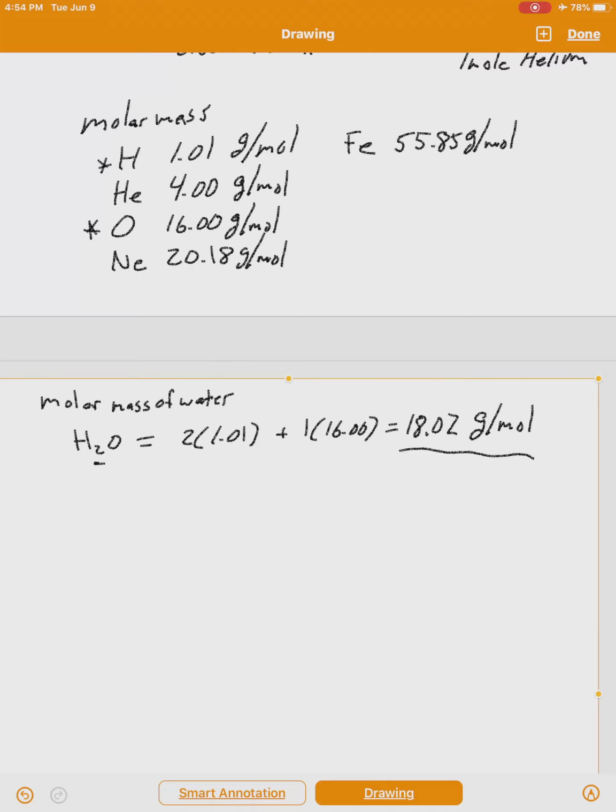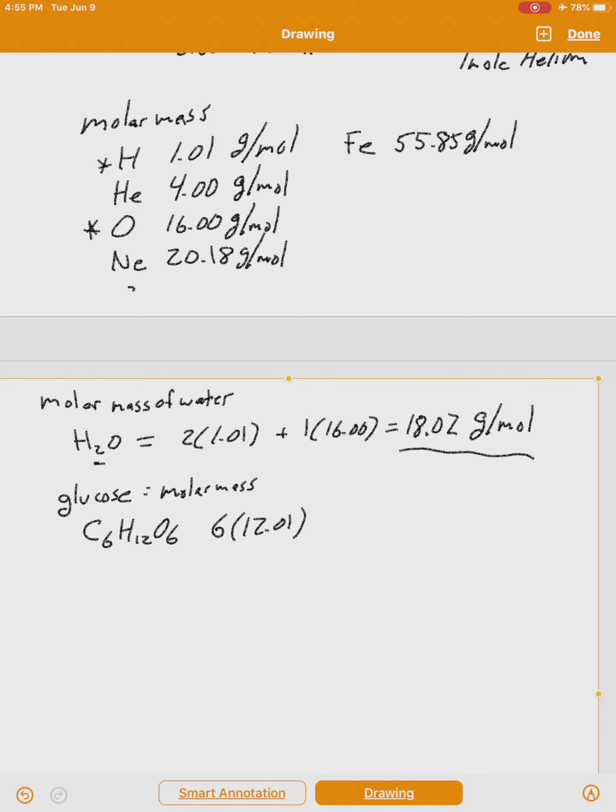Okay? How about if we were going to do something a little more complicated, like glucose? Let's find its molar mass. Well, glucose has the chemical formula C6H12O6. So that would be 6 times 12.01. Carbon has a molar mass of 12.01. Carbon 12 is exactly 12.